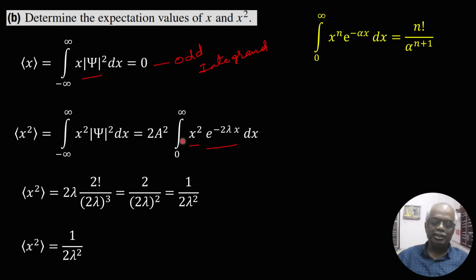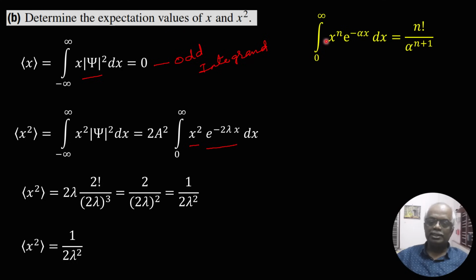If it is of this form, that is, the integral between 0 to infinity of x to the power n e to the power minus alpha x dx, using the Feynman technique, kindly watch my video on the Feynman technique of integration.